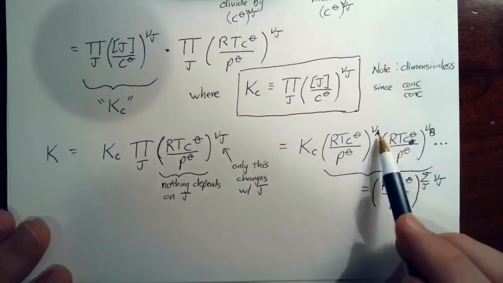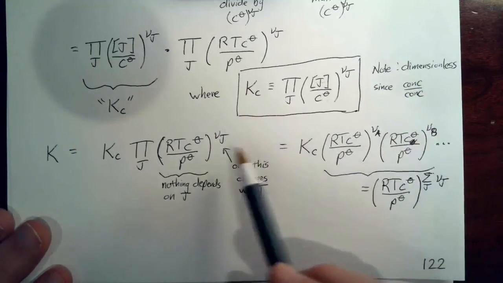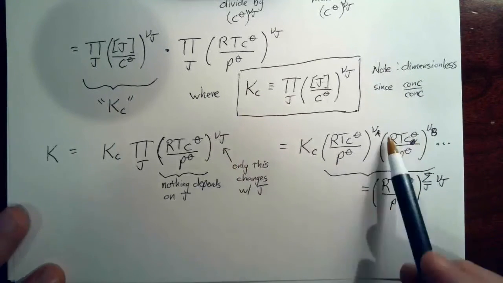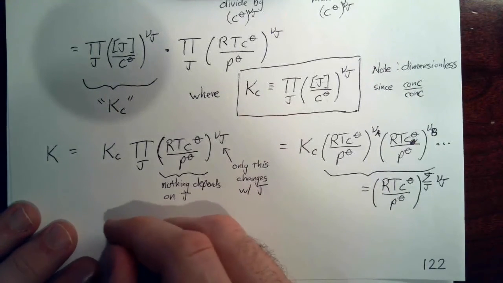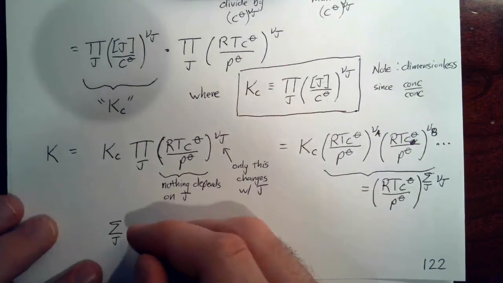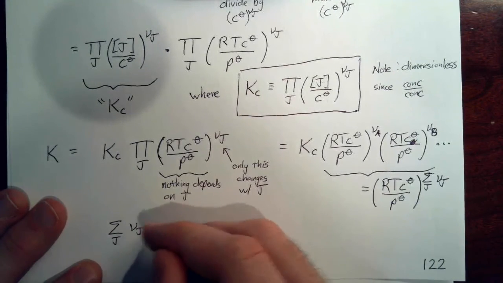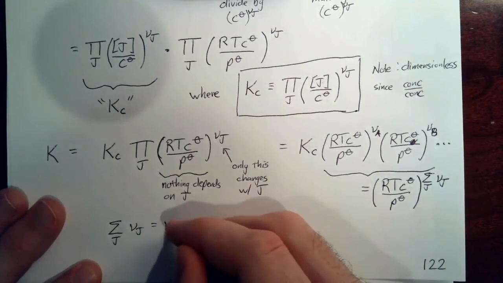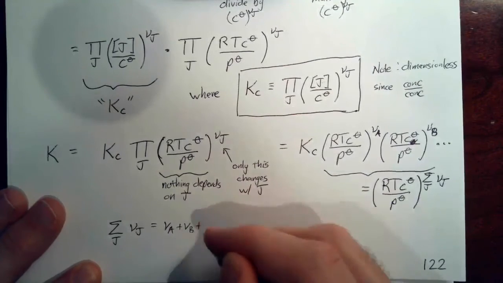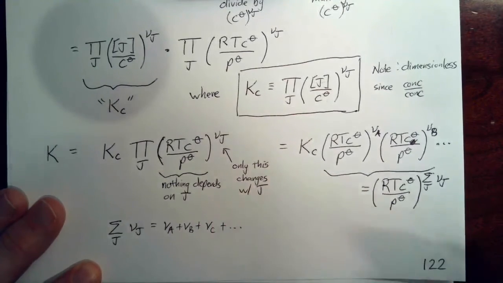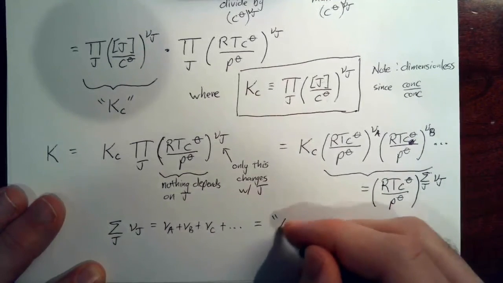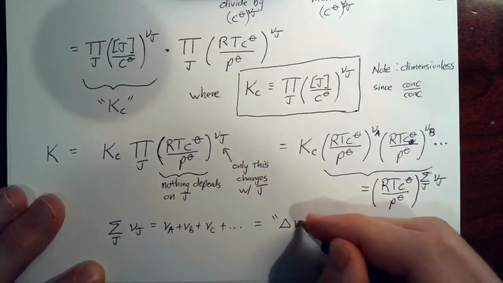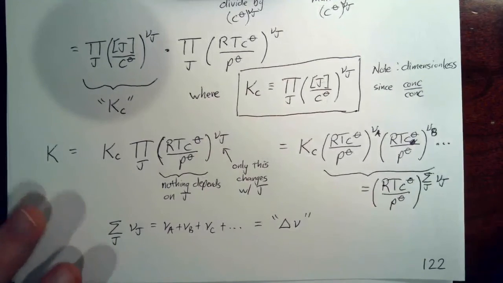And actually, I'm going to call these nu_A, nu_B, nu_C, because that's how we label species, with letters. And then I want to point out that this, which equals nu_A plus nu_B plus nu_C, etc., we're going to call this delta nu. And why delta?